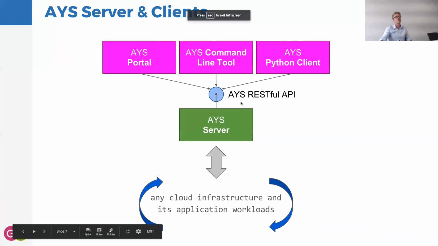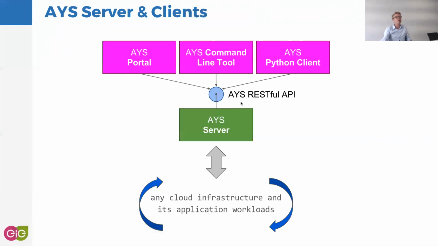You can talk to this RESTful API from whatever Python client or any client. You could have a .NET client, you could have a Java client, whatever. It's a RESTful API, and to make life easier for the Python programmers here internally, we also have a nice Python client.